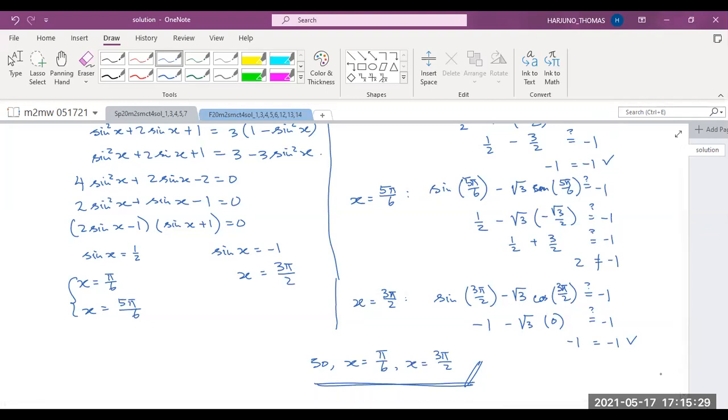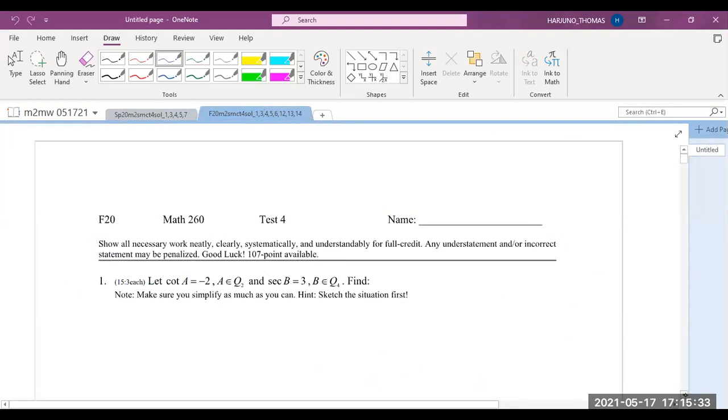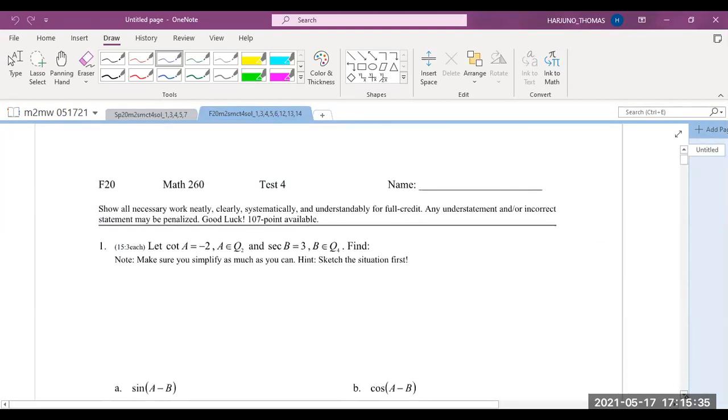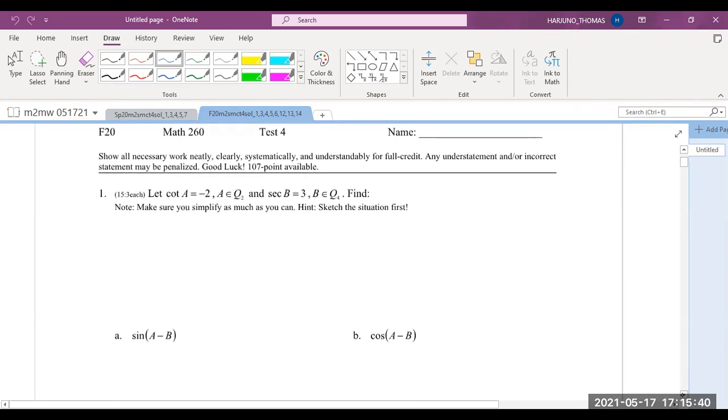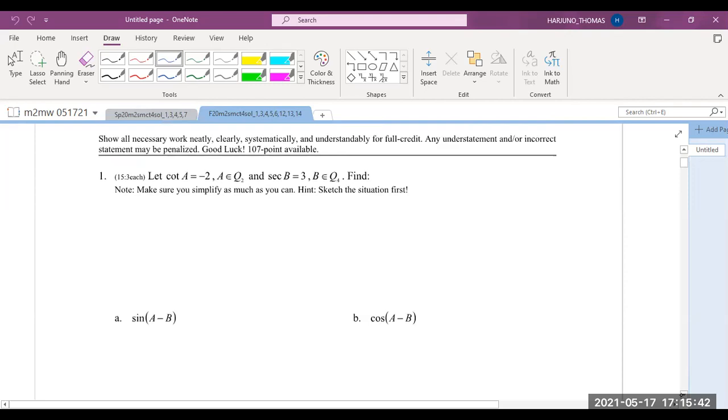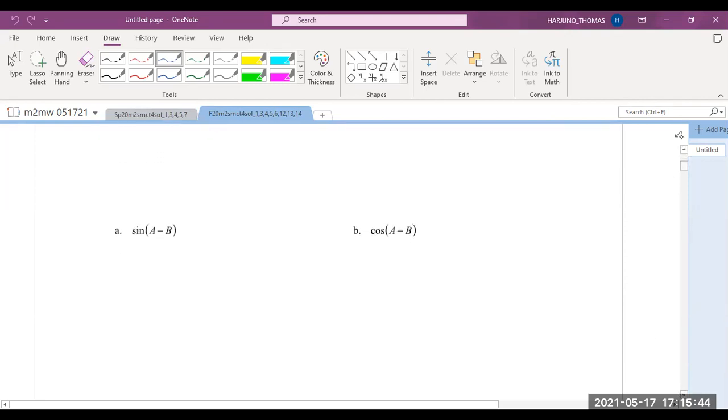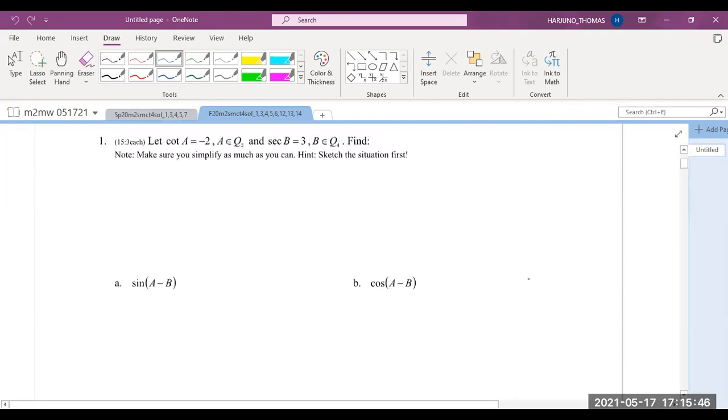Okay, now let's go on to fall 20. I would like you to set this up. In fact, let me ask you to do number 1, A, B, C. Part C is: A minus B is in which quadrant?